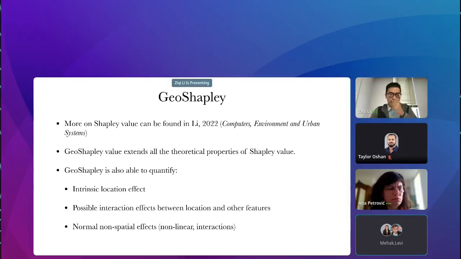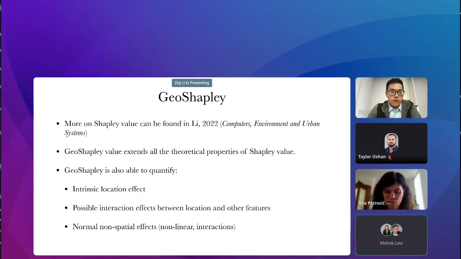More on Shapley value, because of time, can be found in a recent paper from myself in Computers, Environment and Urban Systems, where I discussed how to use Shapley value in machine learning models and get consistent results compared to spatial statistical models. But here I did find some shortcomings in the original Shapley values, and the original one doesn't really focus on the location aspect.